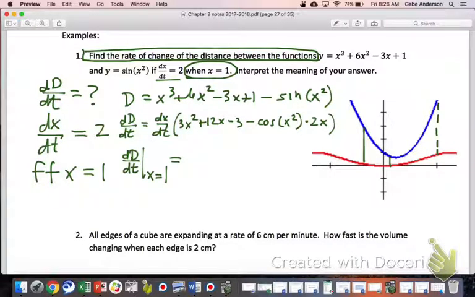Anybody have an answer for that one? What'd you get? 50.16. Is that right? I have no idea. So it's a number, so we're at least talking about the right kind of thing, right? I do not pre-rehearse these, so I don't know.